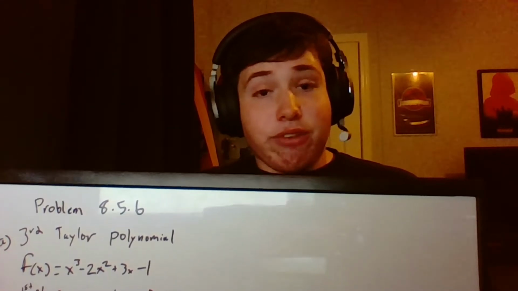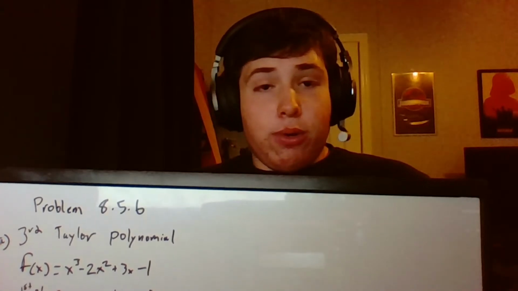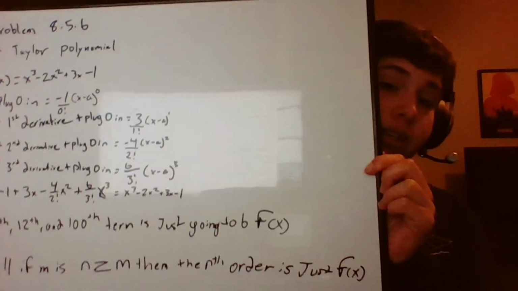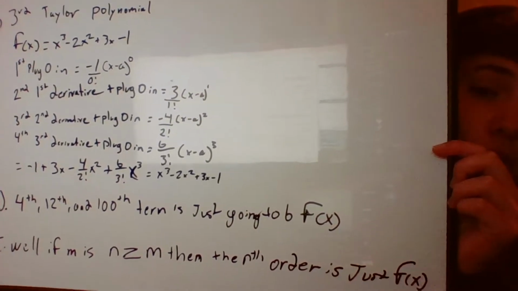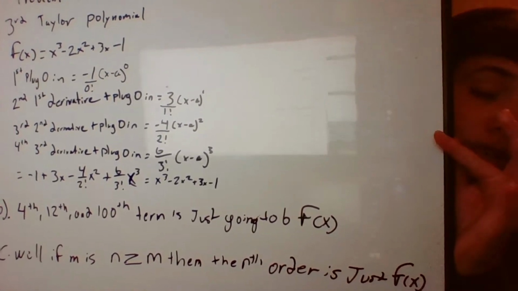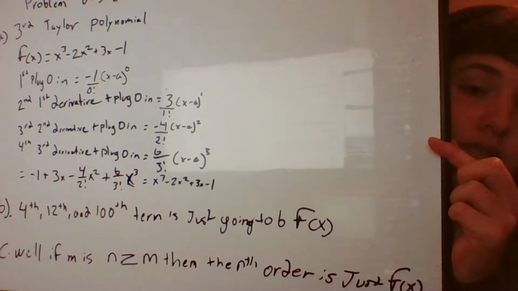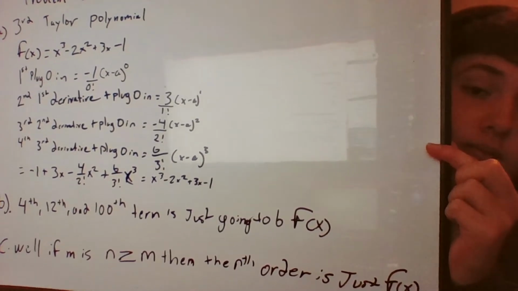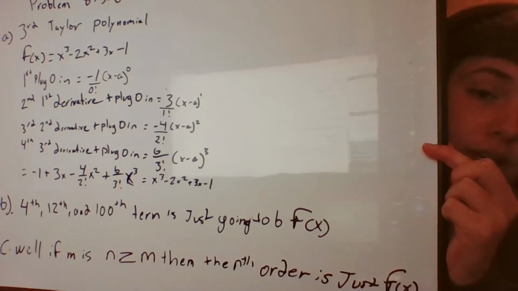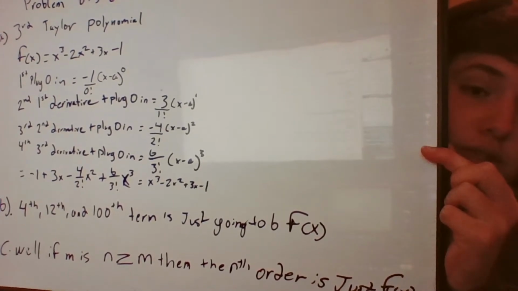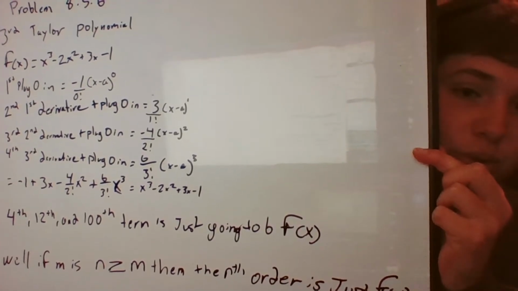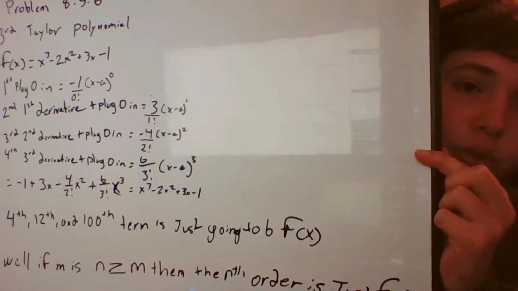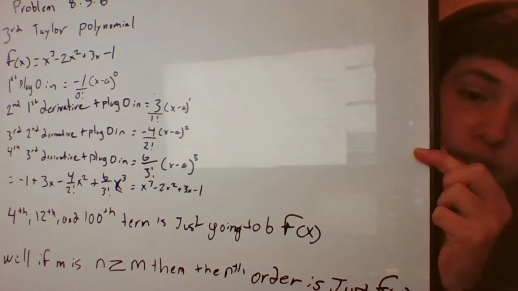So anything after the third order is just 0. So the 4th, 12th, and 100th order polynomials are just going to be f of x, because anything after the third order is 0. The 4th, 12th, and 100th term is just the third term, pretty much.